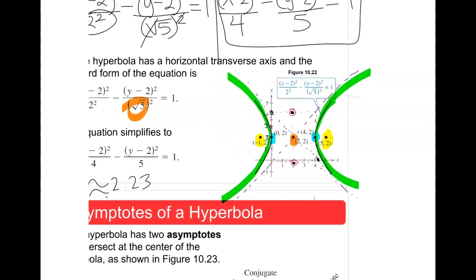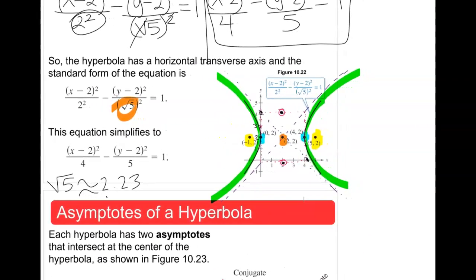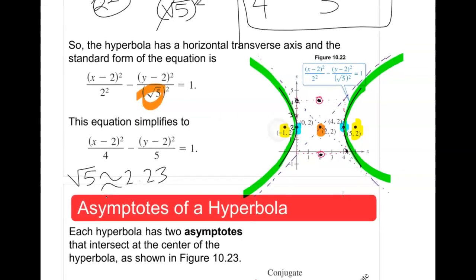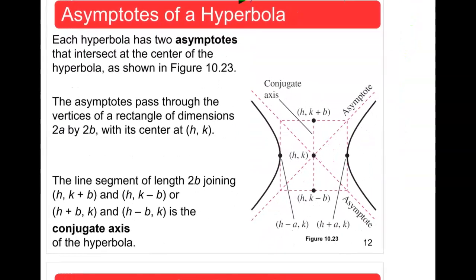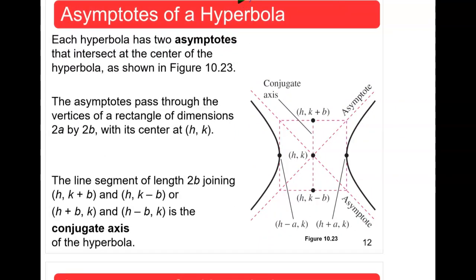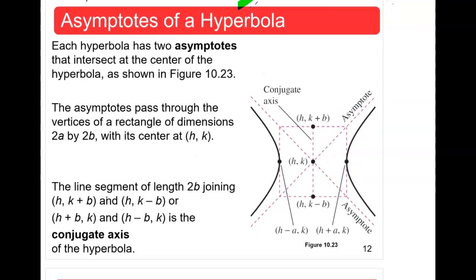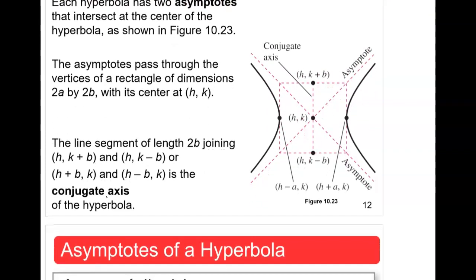So let's move on to how to find those asymptotes. So we have here asymptotes of a hyperbola. Like I mentioned earlier, each hyperbola has asymptotes. Here's that little box that we made.